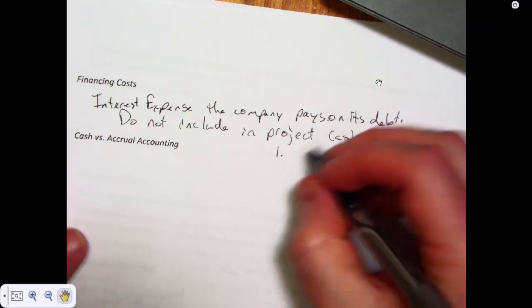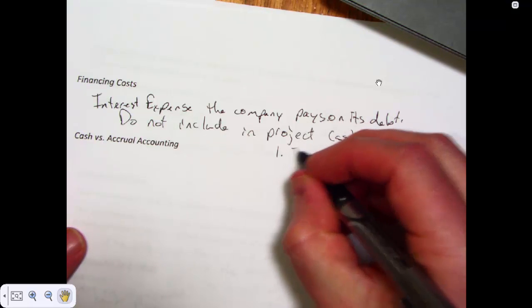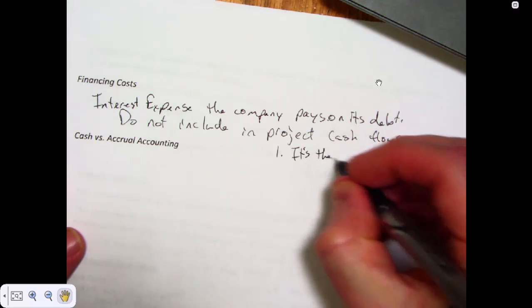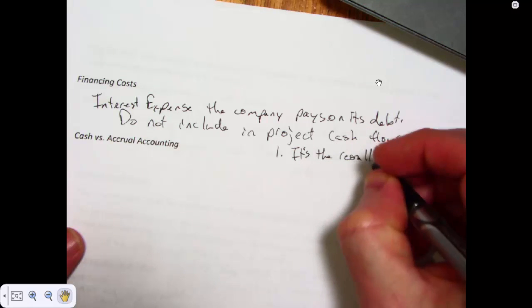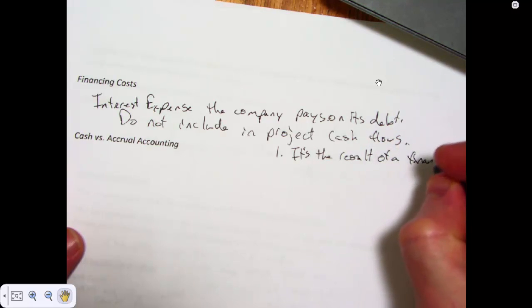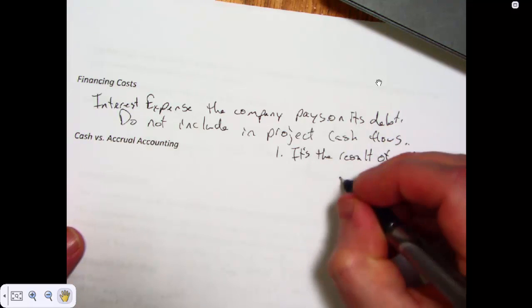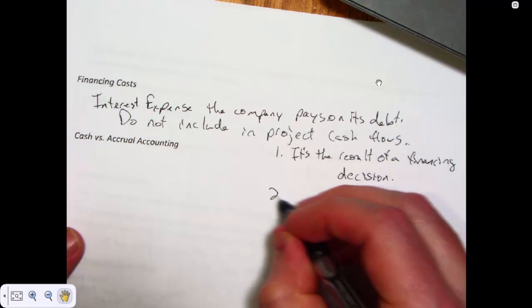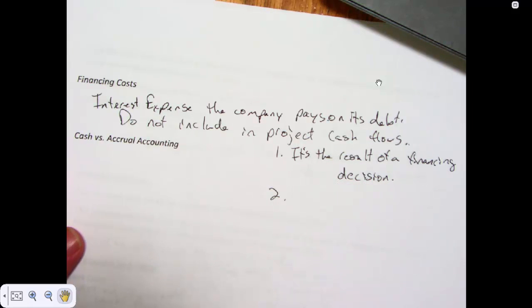One reason why not to include it: it's the result of a financing decision. Secondly, it's actually included in the weighted average cost of capital.